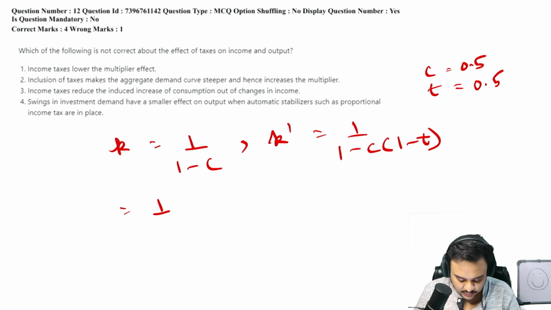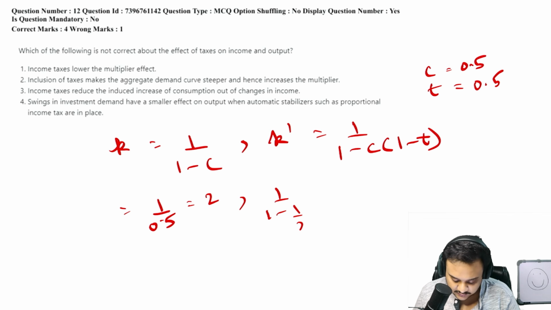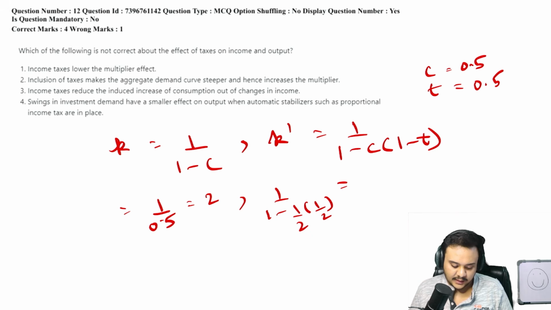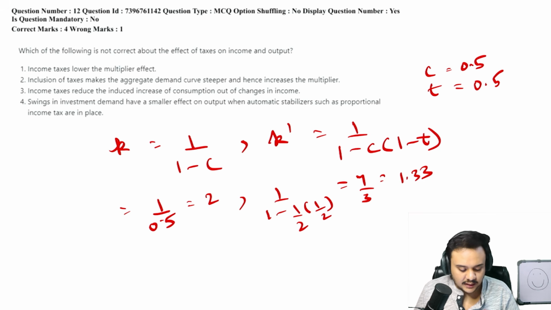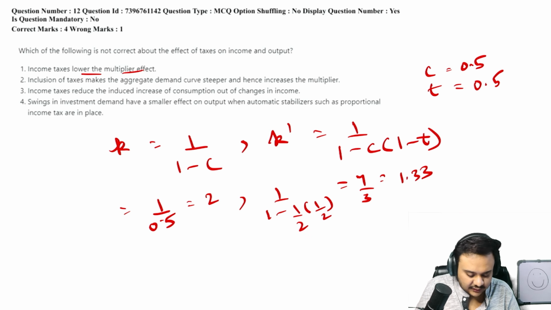So here you will get 1 upon 0.5 is equal to 2, and here you will get 1 upon 1 minus 1 by 2 upon 1 by 2. So this will eventually become 4 by 3, right? So as you can see, when there was an inclusion of taxes, the multiplier actually fell down. So it lowers the multiplier effect is absolutely true.